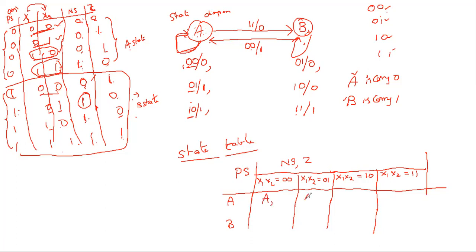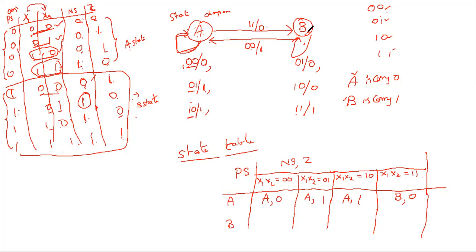So A, A, A. For 1 1, we get B. So what are the outputs? 0, 1, 1. Here output is 0.